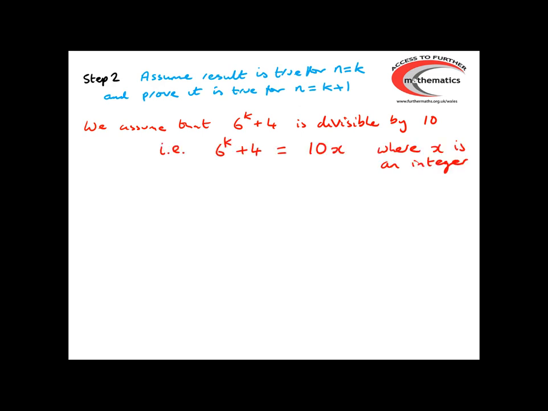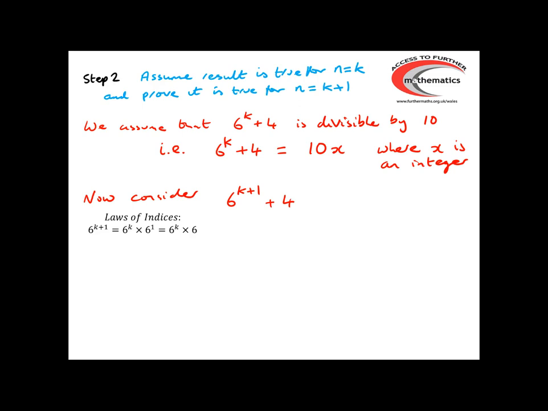In other words, we're saying that 6 to the k plus 4 is equal to 10 times x, where x is a whole number, where x is an integer. Now what we've got to start and think about is 6 to the k plus 1 add 4. And we need to show that that must also be divisible by 10.